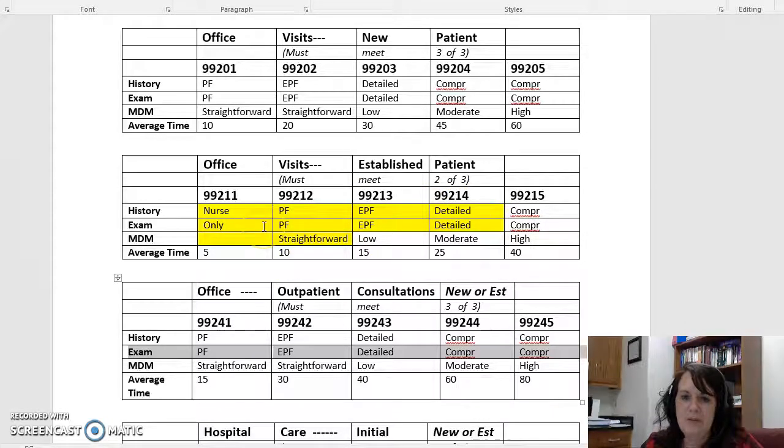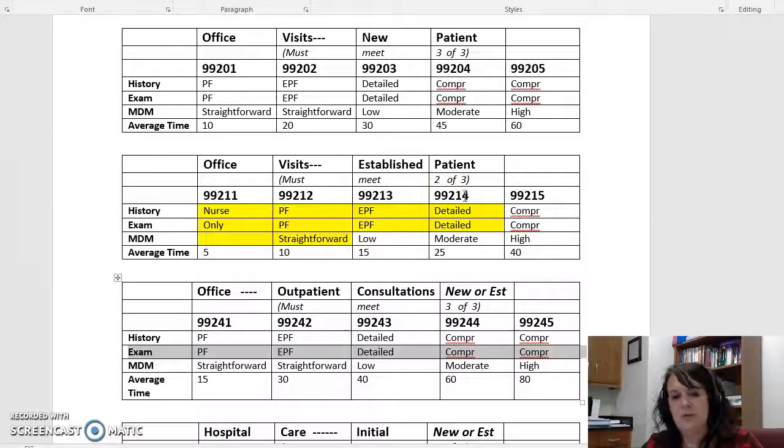My code for this example would be 99214. This is where I meet 2 of 3 key components to the highest specificity. 99214 would be my answer. I do meet 2 of 3 key components at 99213, don't I? But that's not to the highest specificity.